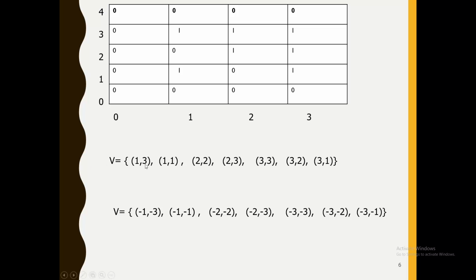So every spatial location will become negative. So 1 comma 3 becomes minus 1 comma minus 3, 1 comma 1 becomes minus 1 comma minus 1, 2 comma 2 becomes minus 2 comma minus 2. Similarly 2 comma 3, 3 comma 3, 3 comma 2 and 3 comma 1 will become negative. All these spatial locations become negative. But one thing you have to remember is that the amplitude is not negative. Only its spatial location changes in the case of reflection, not its intensity value.